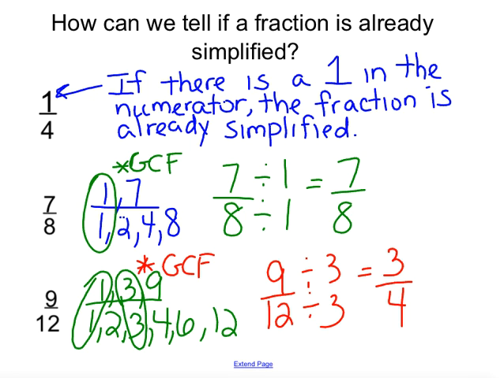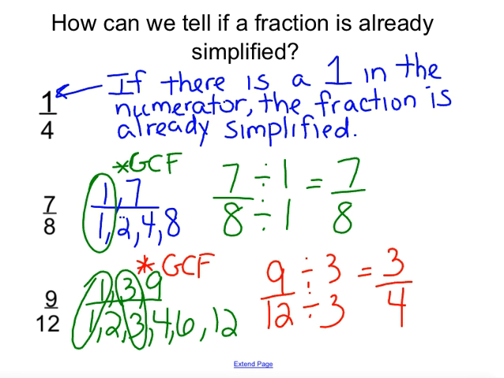Next thing, if you find the common factors of the numerator and the denominator, and the only factor that they have in common is the number 1, then you know that it's already simplified and you cannot simplify it any further.